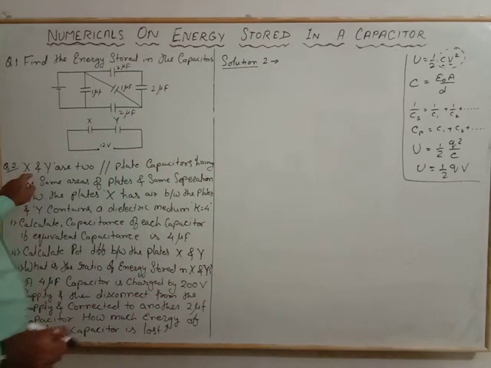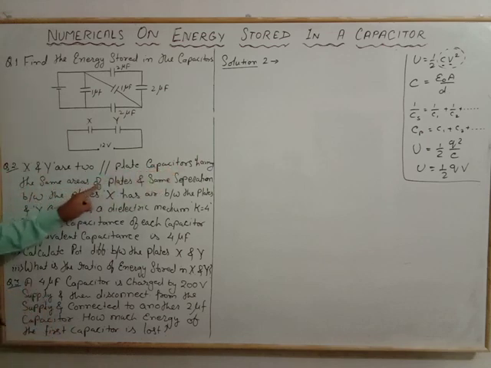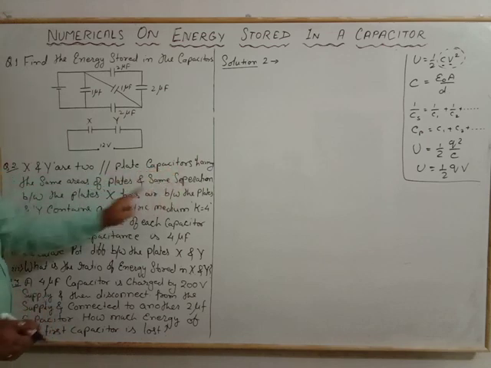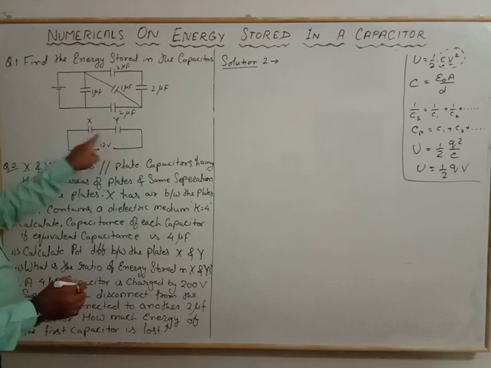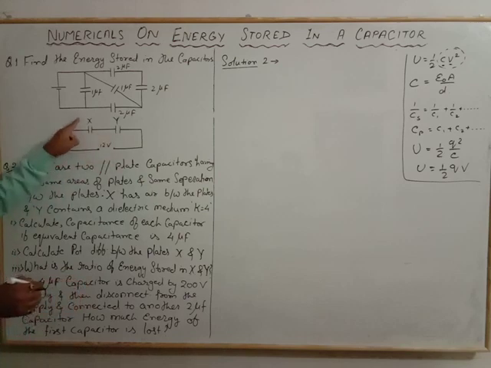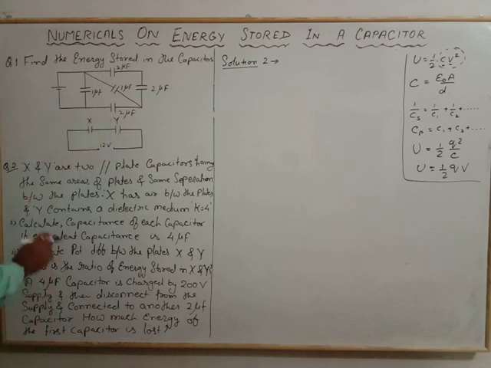Solution 2. Here X and Y are two parallel plate capacitors having the same area of the plates and the same separation between the plates. There is one figure that represents the capacitor X and another that represents the capacitor Y. They are connected in series.